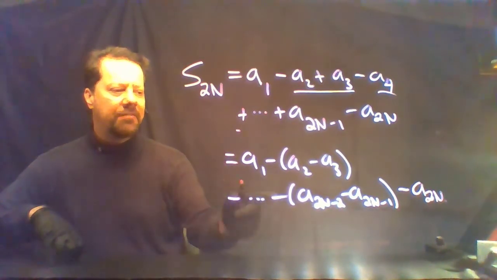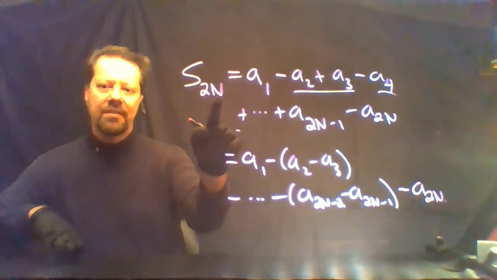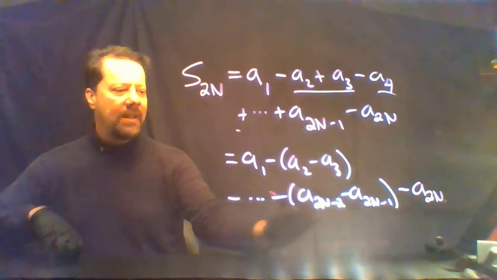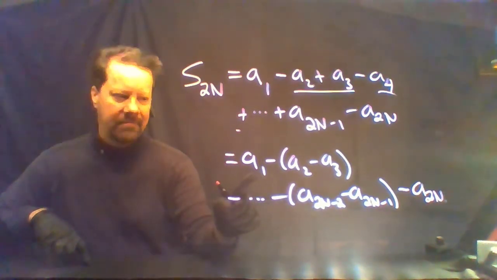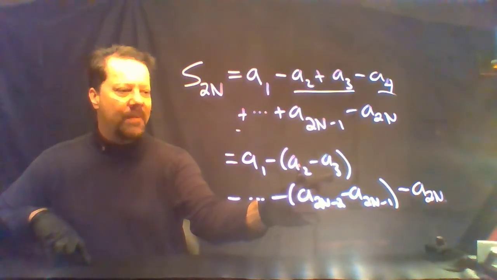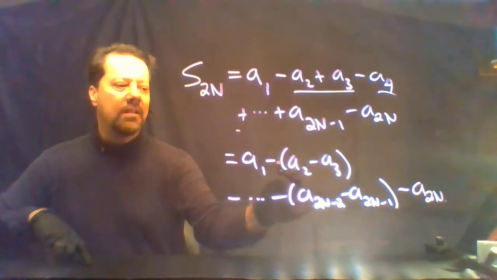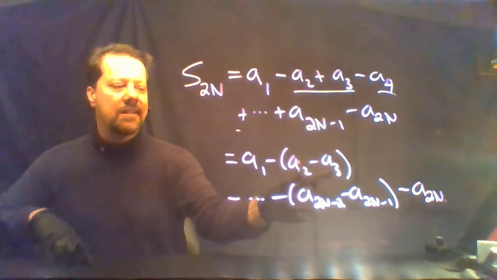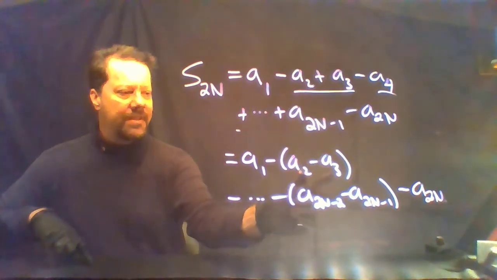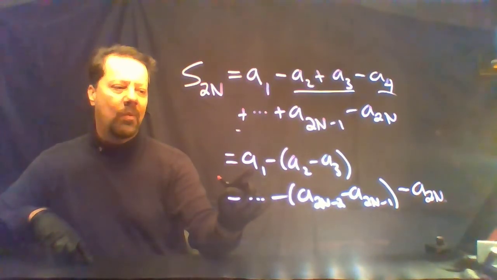What do we observe from this? For each of these increments on n, we end up subtracting more from a1. a2 minus a3 is a positive value since a3 is smaller than a2. We're assuming the terms monotonically decrease to 0. So this difference is positive, and we're subtracting it from a1.